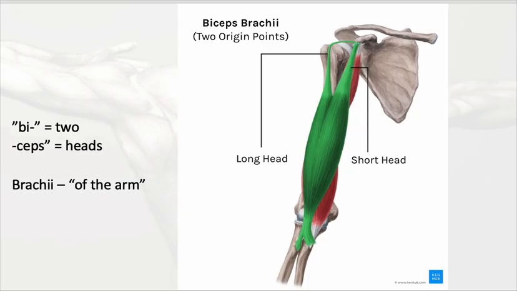So when it contracts and pulls, it straightens the arm. This increases the angle of the elbow joint because of its attachment being on the posterior side and its insertion being right here. And so this is what allows for the extension movement of the arm and why we call it an extensor muscle.